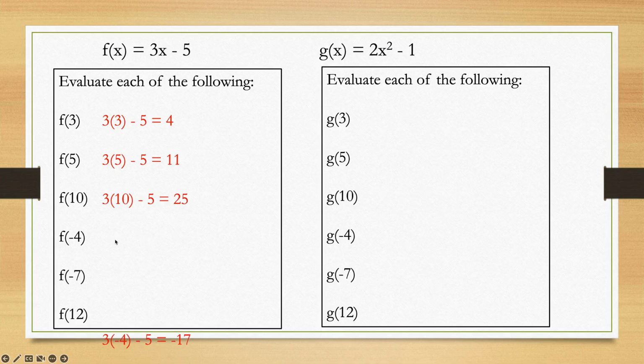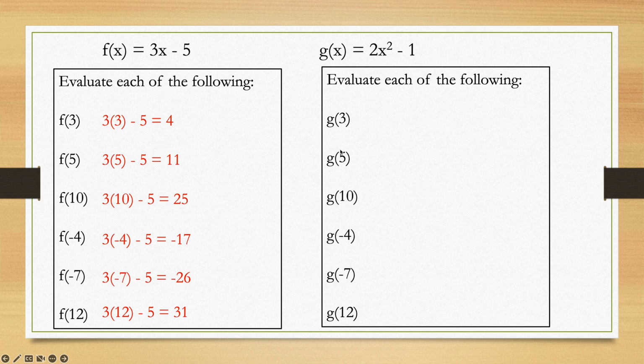If I input a negative 4, 3 times negative 4 is negative 12, minus 5 is negative 17. That makes sense, because if I'm at negative 12 and I go down 5, I ought to be lower than negative 12. Negative 17 indeed is. Next up, 3 times negative 7 is negative 21, minus 5 is negative 26. And 3 times 12 is 36, minus 5 is 31.